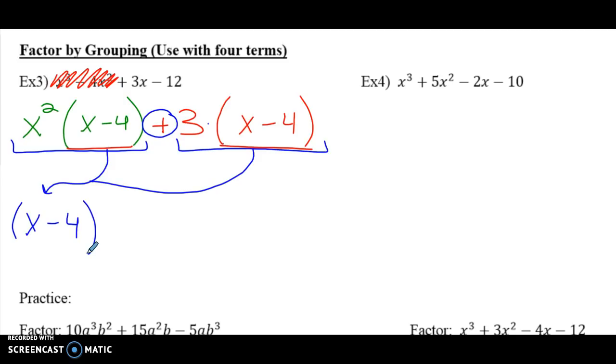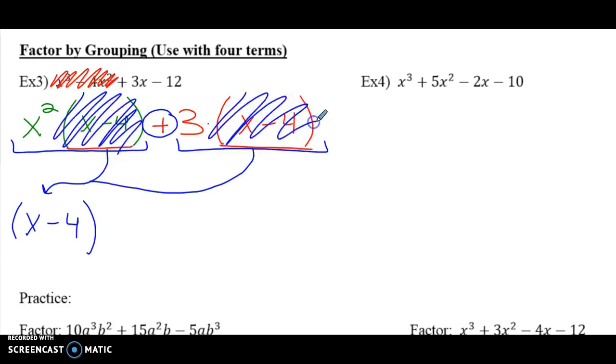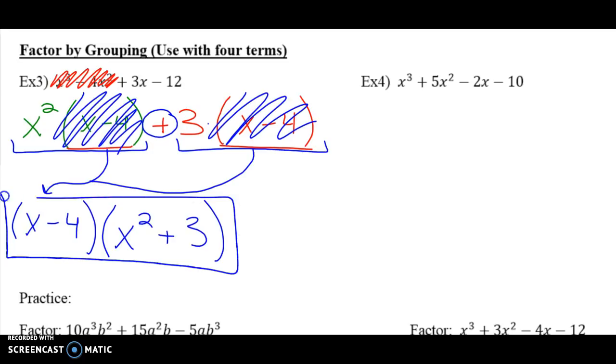Now both of these gigantic chunks have an x minus 4, so we bring it out front. And if I take these away, what's left in between? X squared plus 3. Yeah. And now we'll talk more about x squared plus 3 in a second. That is actually prime. We'll find out why. But that is your answer.